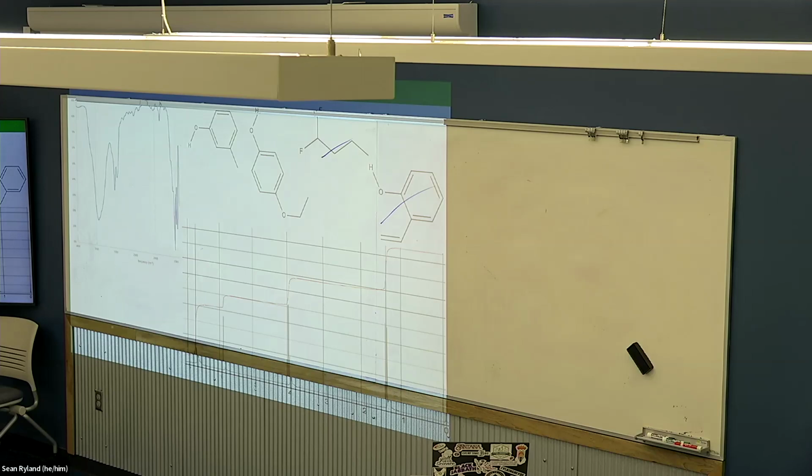Actually, we probably can just use the number of distinct signals to figure it out, because we have extra carbons here. So here we should have 1, 2 aromatic and an alcohol. And here we should have 1 aromatic and an alcohol. So that right there is really enough to tell us it's probably this one. This is actually a case where I expected it to be nice and clean here, but it didn't. But I mean, it's science, it can't be perfect.